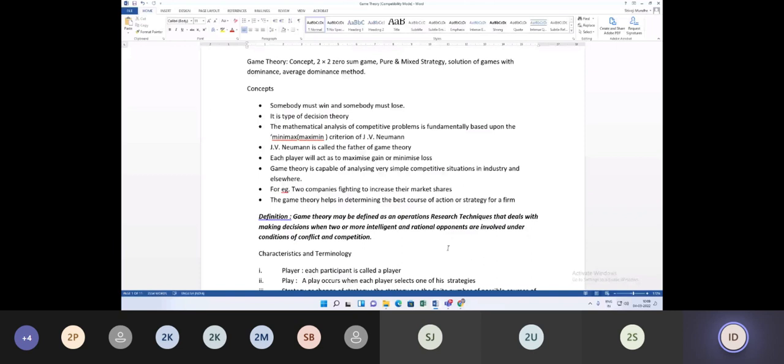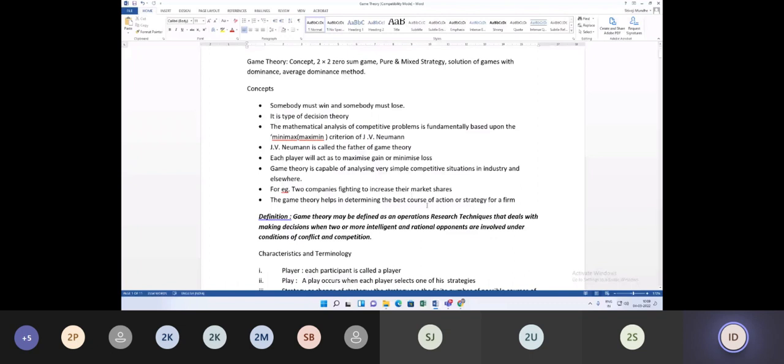Increasing the price will not give the solution. So how to increase the sale: either decrease the price or maintain the same price, but adopt other strategies, for example advertising and promotions, right? So it depends upon the example or situation.